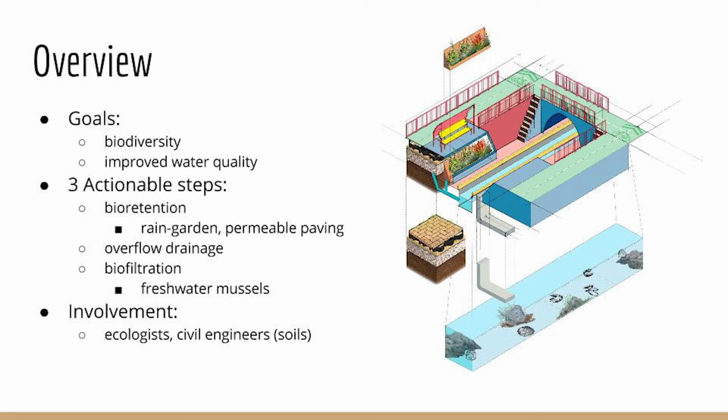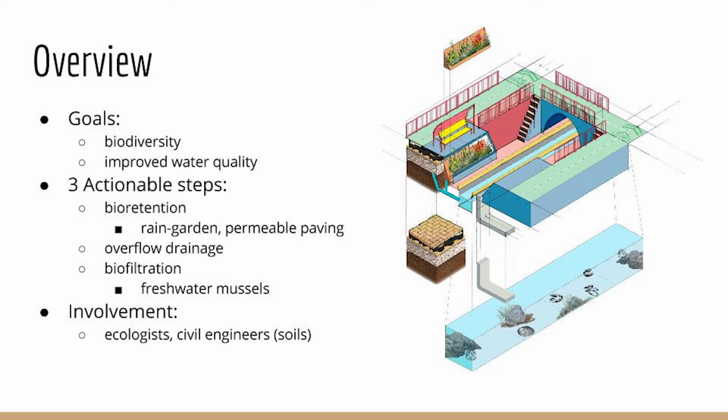The first one is about bioretention, which will use rain gardens and permeable pavings to filtrate small events of stormwater. Our second step is to install an overflow drainage system so that larger events of stormwater will be diverted to a sewage system.